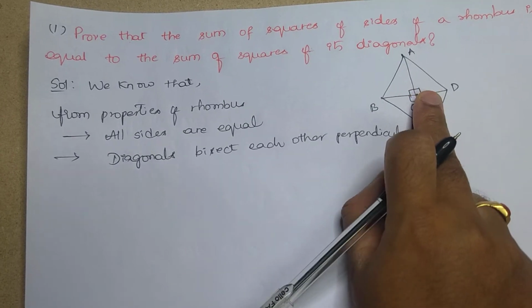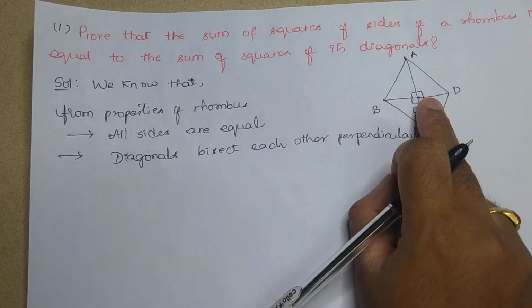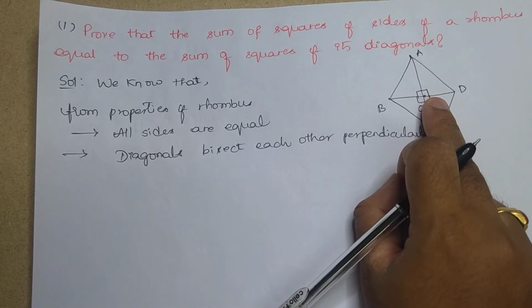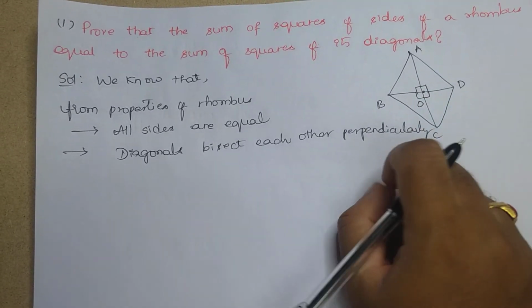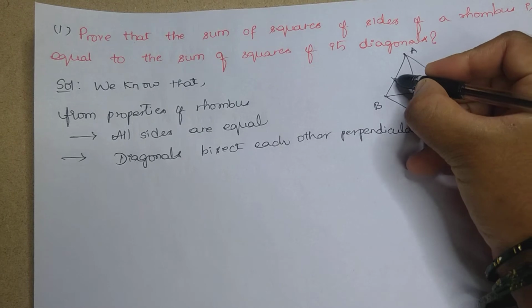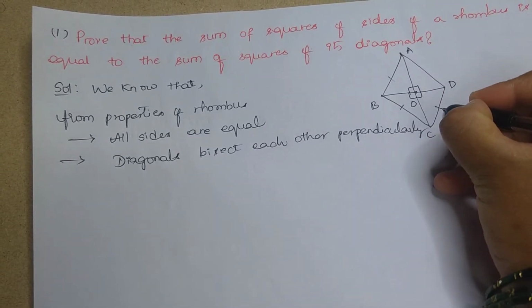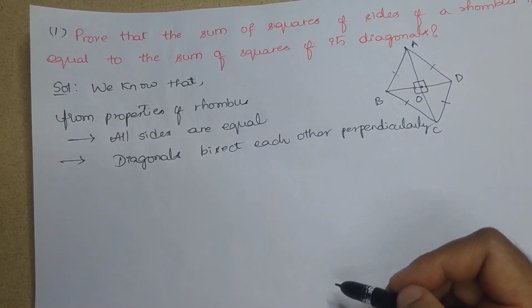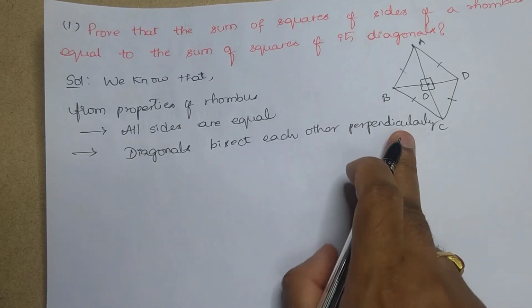Now let's recall the properties of the rhombus. So we know that in a rhombus all the sides are equal and the diagonals bisect each other perpendicularly. Correct? So from this what can we write? All the sides are equal. It means AB equals BC equals CD equals AD. After that, the diagonals bisect each other perpendicularly.